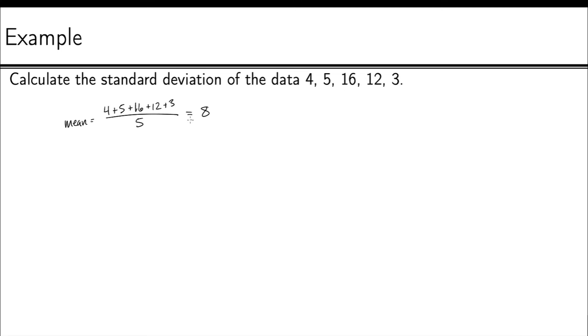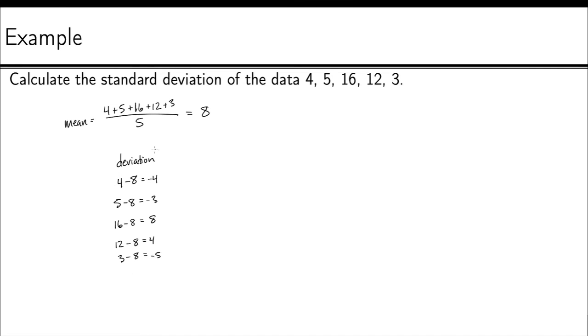Now we're going to calculate our deviations for each number, by taking our number minus the mean. For 4, we do 4 minus 8, which is negative 4. For 5, 5 minus 8, which is negative 3. Then 16 minus 8, which is 8. 12 minus 8, which is 4. And 3 minus 8, which is negative 5.